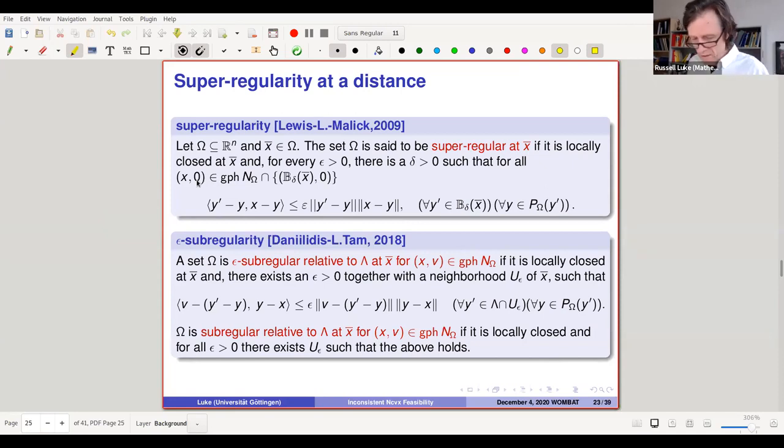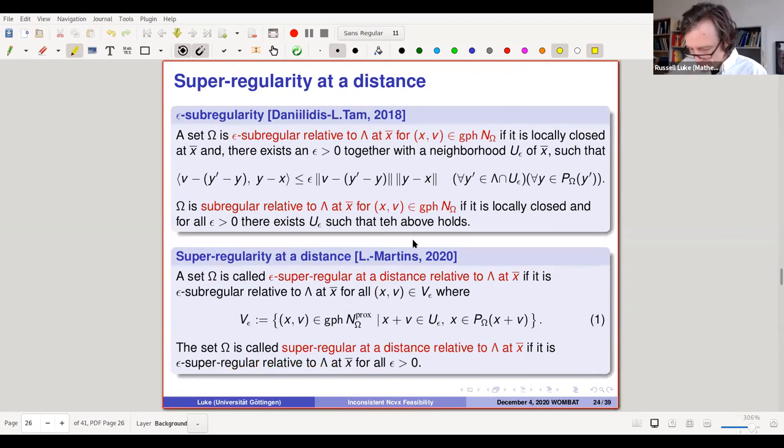We've done a lot of work on this in recent years, and it all kind of started with this paper with Jérôme and Adrian, and then recently Matt Tam, Aris Daniilidis and I asked the question about functions, not just sets, in terms of the epigraphs of functions, not surprisingly.